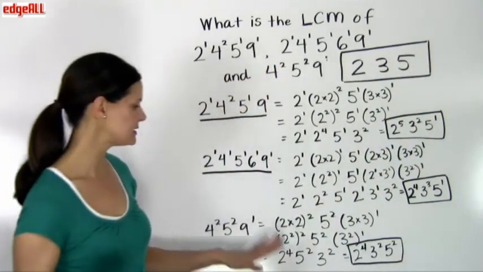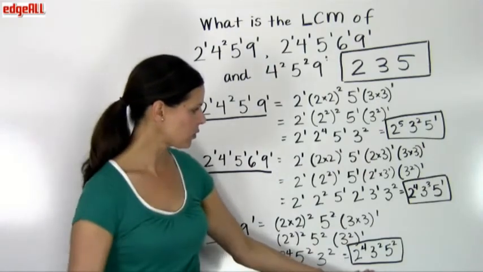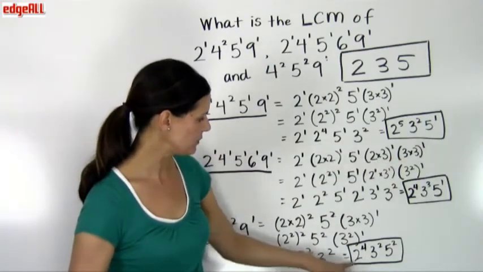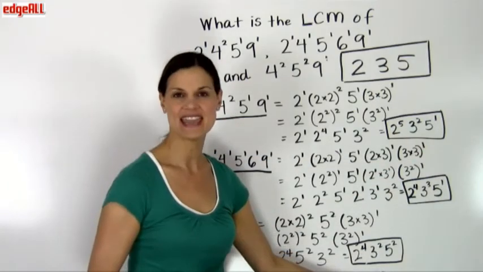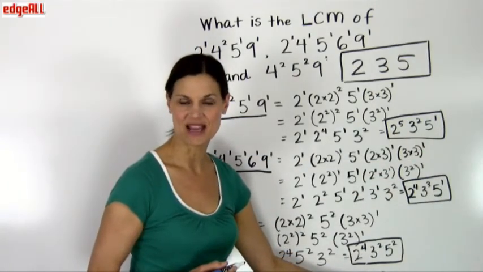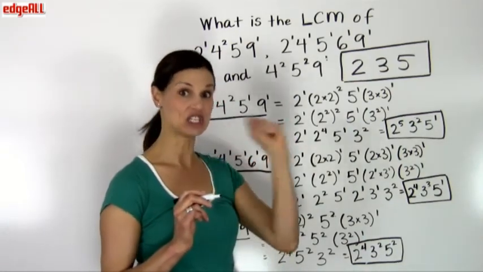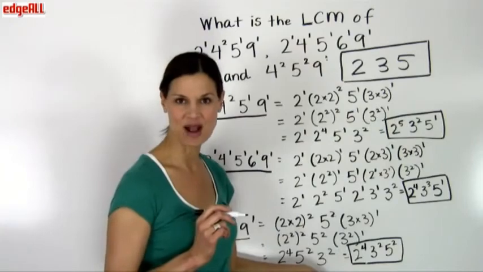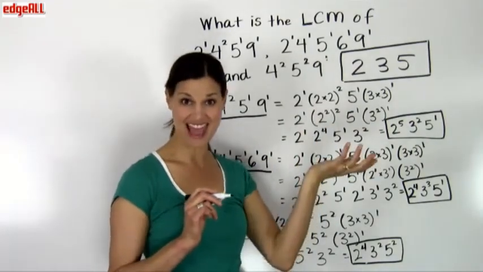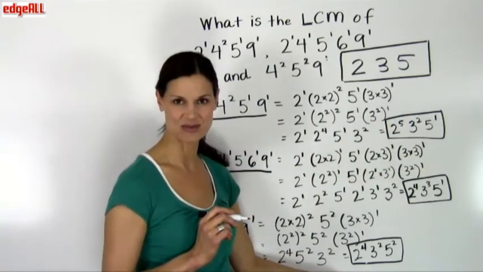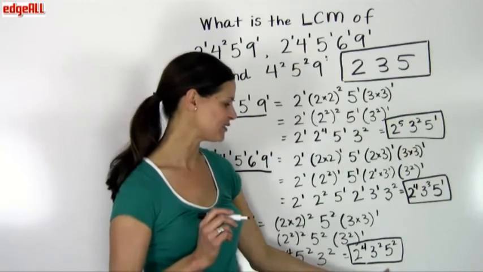In this case, the only 3 prime numbers that we are working with are 2, 3, and 5. And now all I need to do is find the greatest power given to the 2 in any of the 3 numbers, the greatest power that 3 has in any of the 3 numbers, and the greatest power that 5 has in any of the 3 numbers.